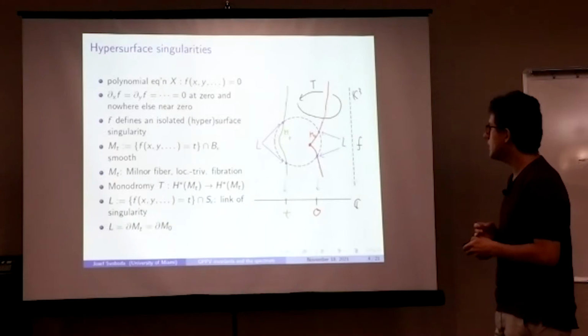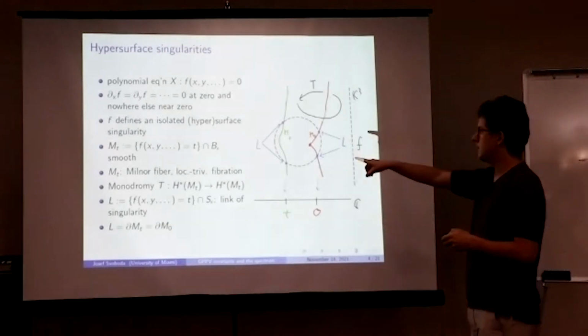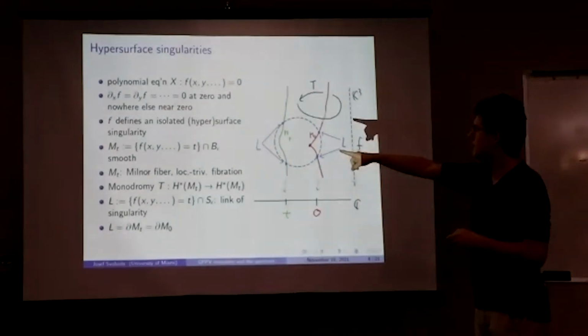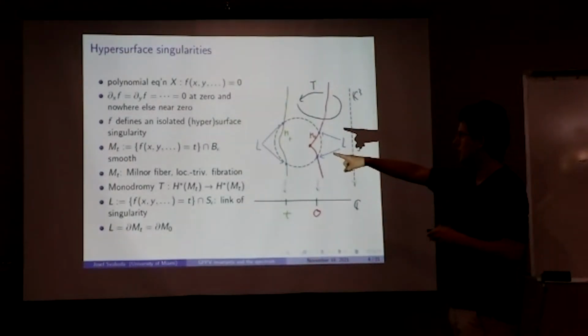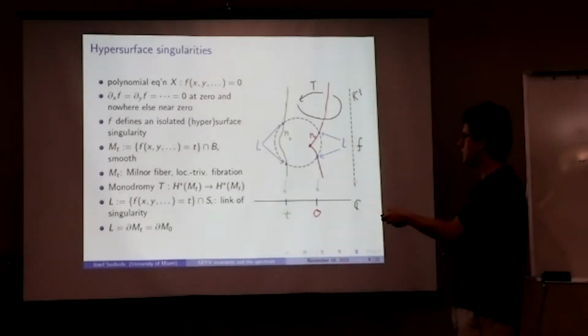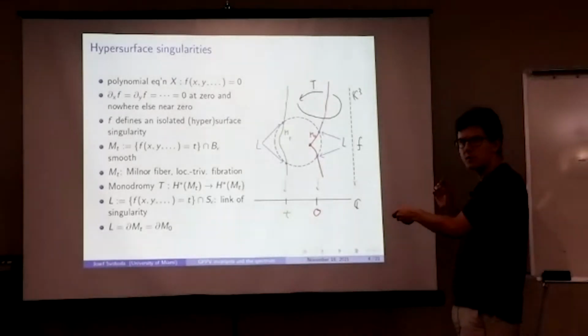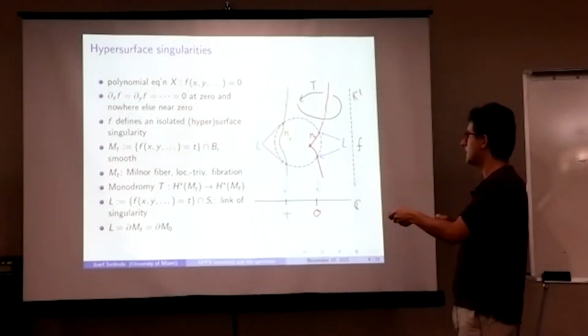So then we can study it by considering the nearby fiber. So we take a slightly different equation, f equals some small number t, and we also intersect it with a ball around the origin with small epsilon radius.